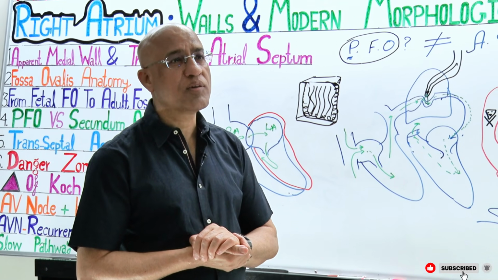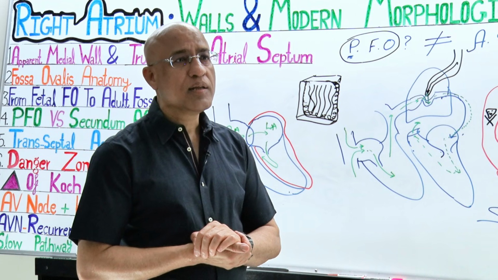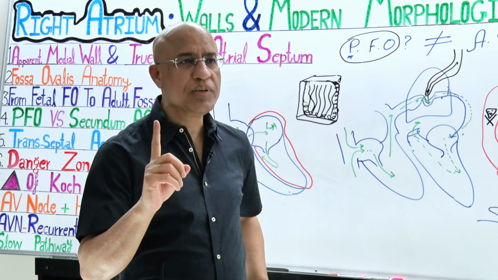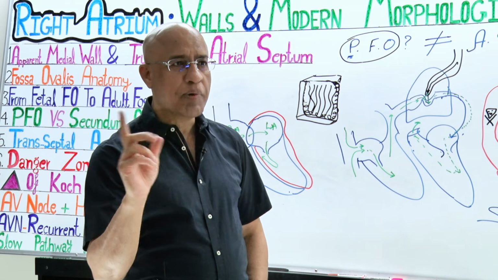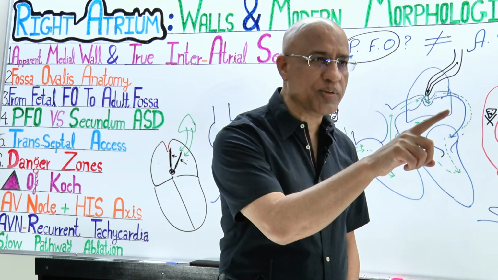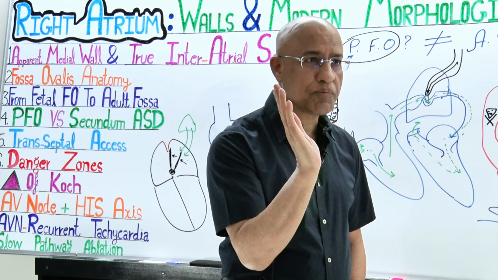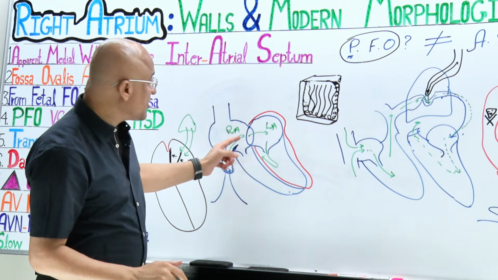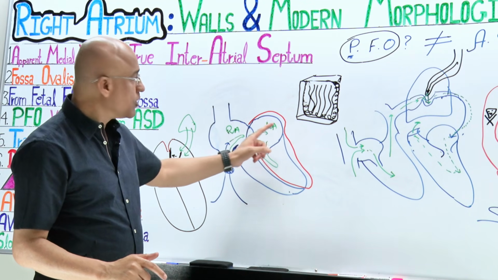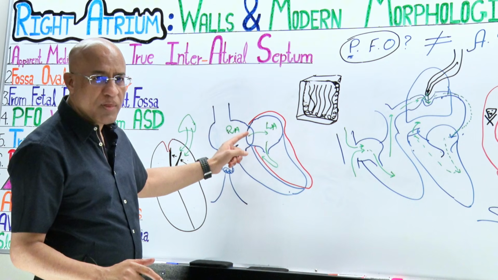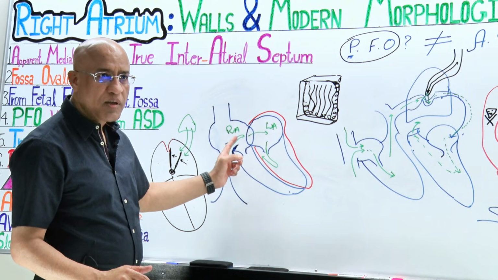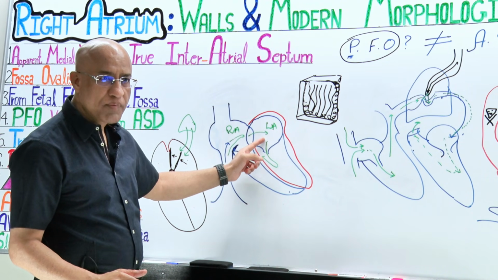So what did they suffer? First thing, deep venous thrombosis. Second thing, paradoxical thromboembolism from the right side of the heart to the left side of the heart through, what is this place? Patent foramen ovale. This is paradoxical thromboembolism.